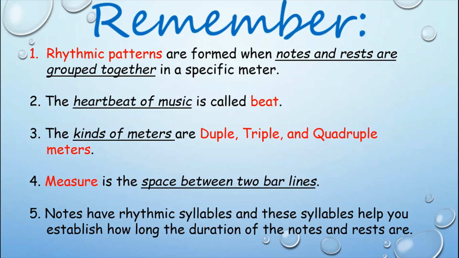Ito yung accented and unaccented. We use the strong beat if we have the greater than symbol. We consider a strong beat if we have an accented or yung greater than symbol. While the weak beat, ito yung unaccented or walang symbol.